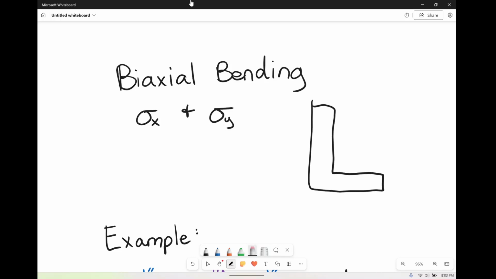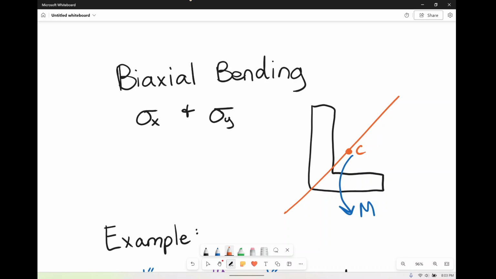Say that you have a very glorious looking L shape here, and you've applied just a moment about, say, the x-axis. Technically, though, it's not really applied just about the x-axis, because the axis of symmetry for this member, where the centroid acts about, is at an angle.